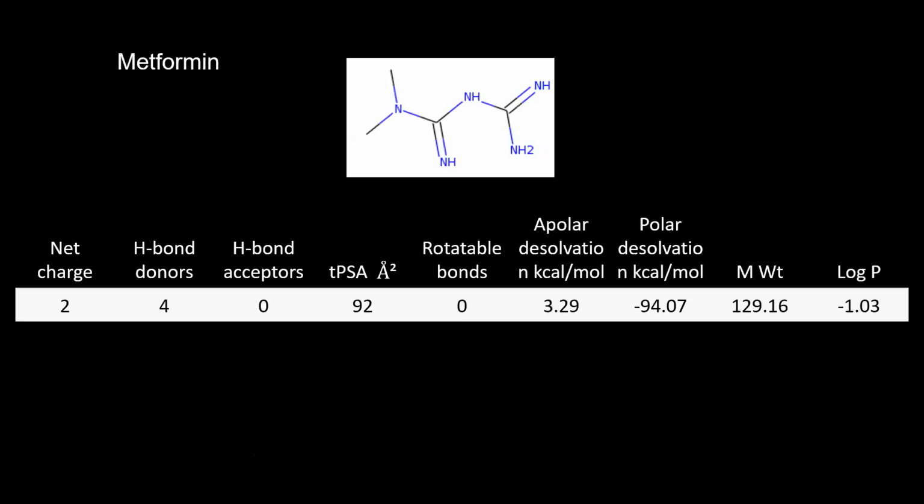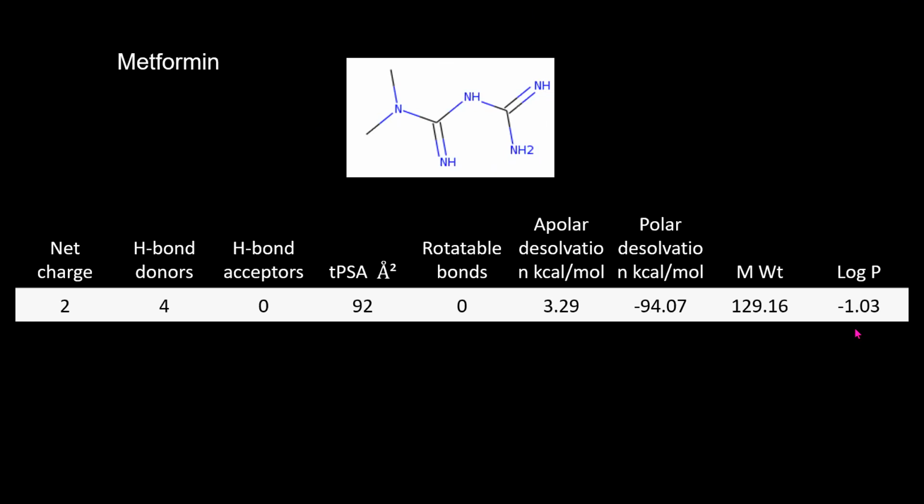Another example. Okay, metformin. Nowadays, many people have a problem with higher blood glucose. So metformin is a very useful drug which many people take actually. So it's a very hydrophilic molecule. You can see a lot of nitrogen groups are there.